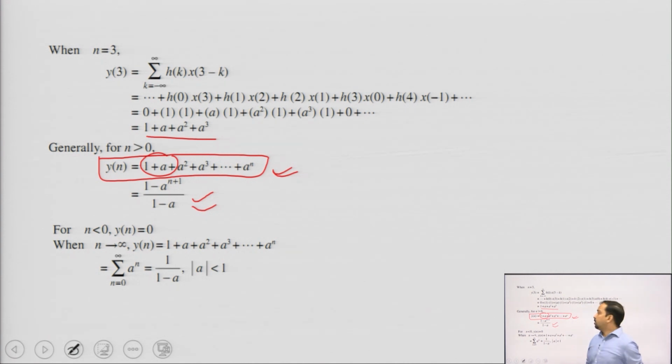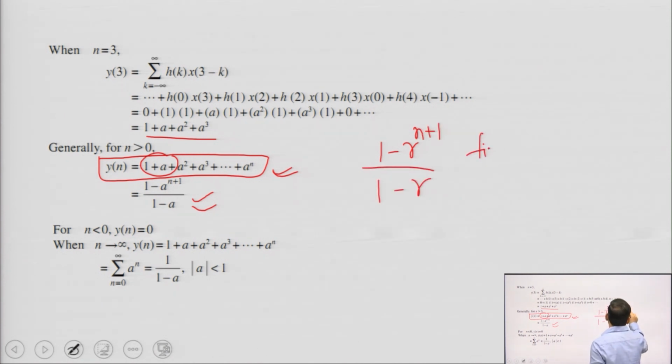So, it is 1 minus r raised to power n plus 1, divided by 1 minus r, for finite sequences. For infinite it is nothing but 1 upon 1 minus r. So, we have the summation y of n.